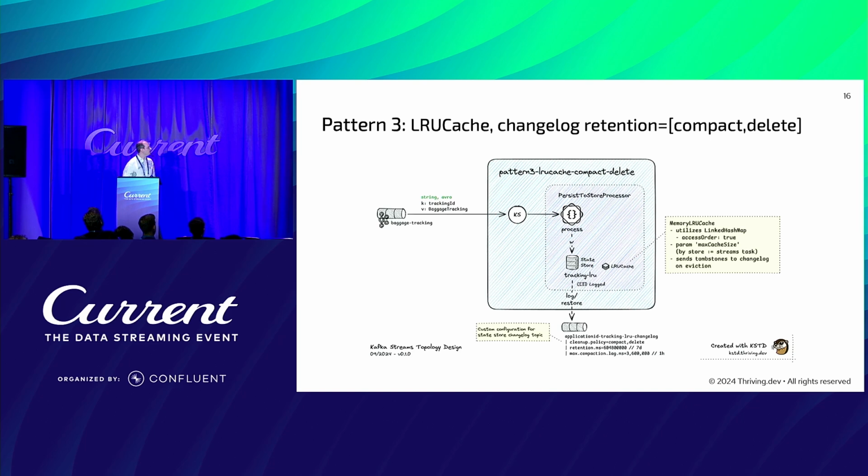So this LRU cache, the actual class implementation in Kafka Streams, is called MemoryLRUCache, and it's based on a linked hash map based on access order, and you need to configure it with the maximum capacity. So simple as that, you just say, here's my state store, 10,000 records can fit in, and if you breach that size of the state store, it will just evict the least recently accessed value from the state store.